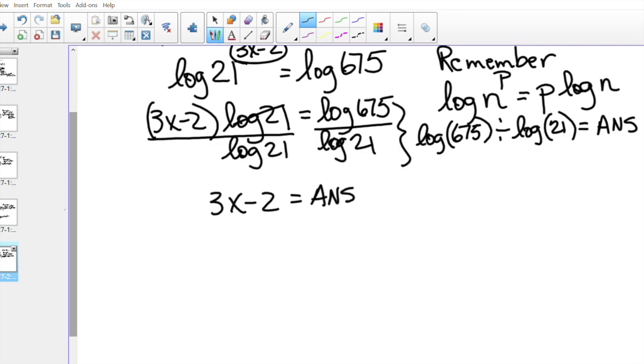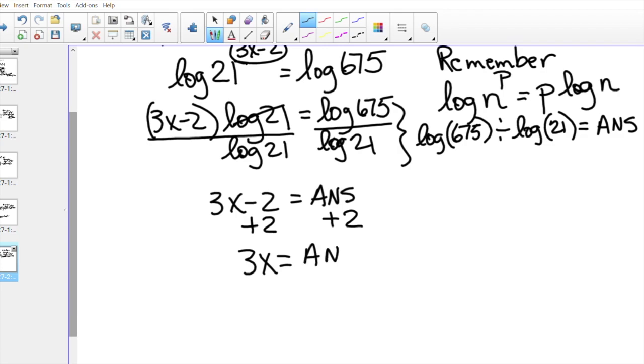Now the next thing to get x by itself, we need to eliminate the 2. So on your calculator, you just push plus 2. Don't clear it from that. You want that last answer on there. So that would be 3x is equal to answer.